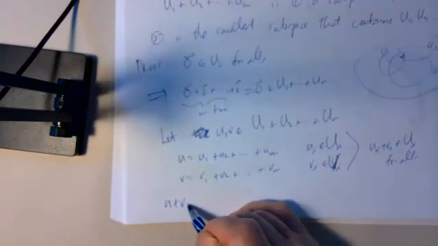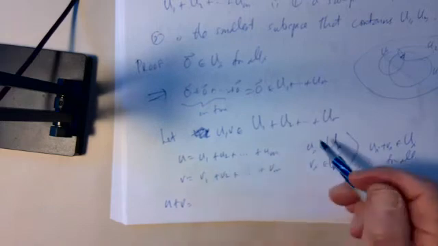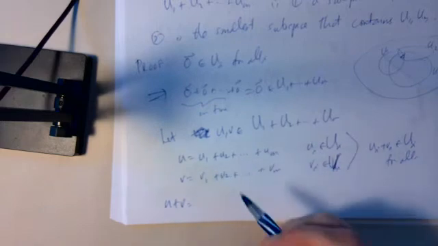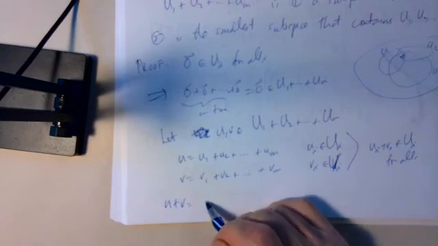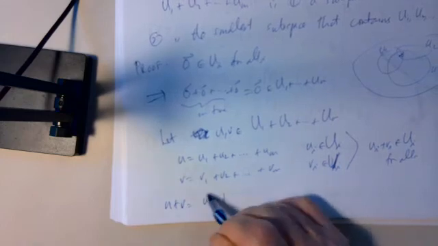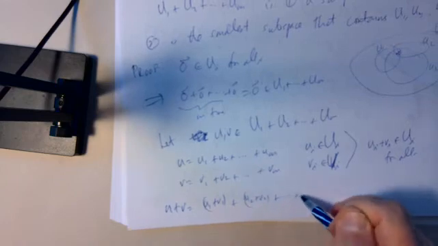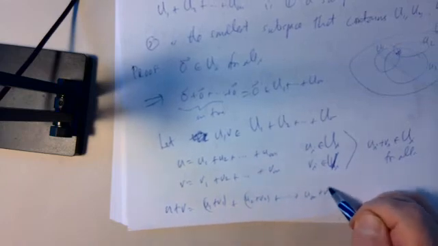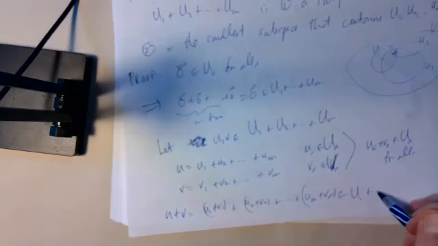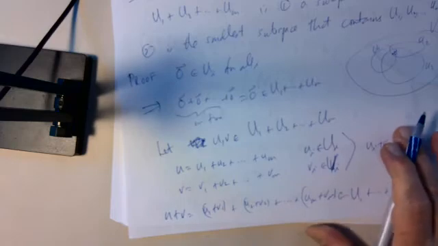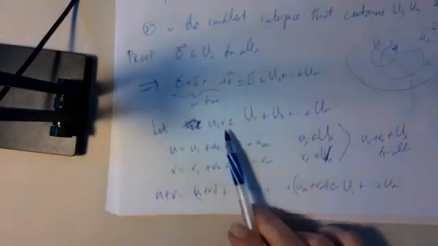So if I take u plus v and I add them, just rearranging the terms, because addition is commutative, this is u1 plus v1 plus u2 plus v2 up to um plus vm. And this is in U1 plus up to U sub m. So this set is closed under vector addition.